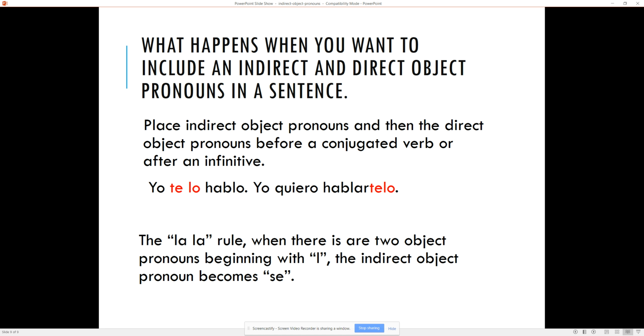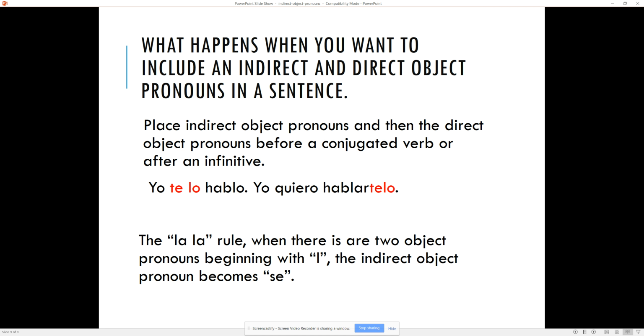The last rule is what happens when you have an indirect and a direct object pronoun in a sentence. We haven't gotten to it in this lesson, but we will. The indirect is going to come first and then the direct object pronoun, before a conjugated verb or after the infinitive.